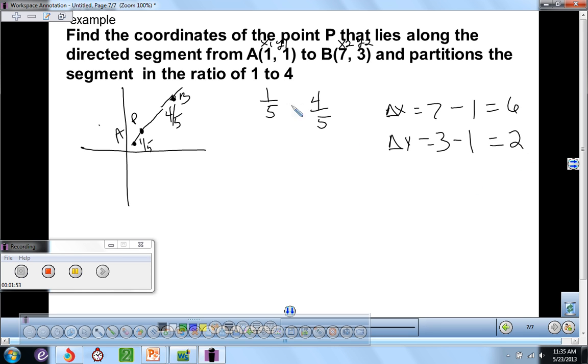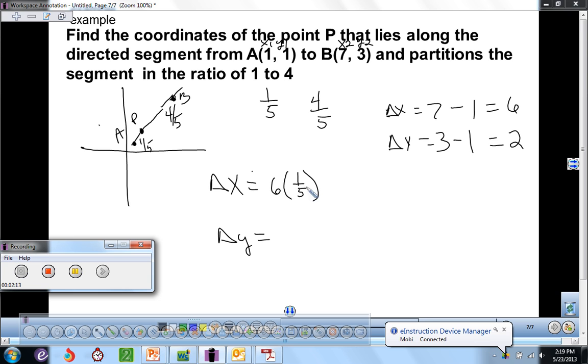Now we want to figure out how much of that change occurs from A to P. So we'll take the 6 and multiply it times 1/5. That's going to give us our change in X. We multiply this, and we end up with 6/5.